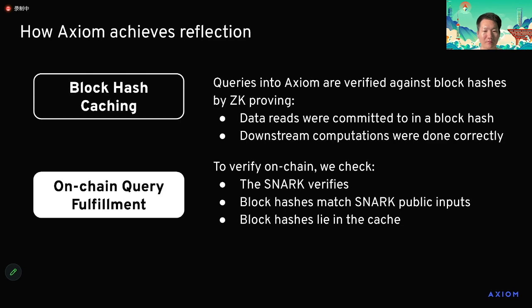So to check this on chain, we check that our zero knowledge proof is valid, and also that it actually relates to the information that we've remembered on chain. We're always rooting our trust in our cache of block hashes, and we're matching the information from those block hashes to the public information in our zero knowledge proof.